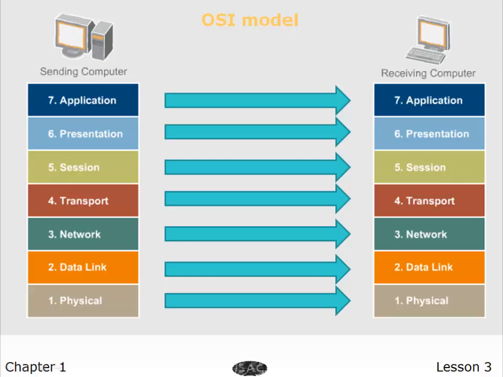So the application layer can communicate only with the application layer at the remote side. It cannot communicate with the session layer, or physical, network, transport and other layers. Understand? Okay.